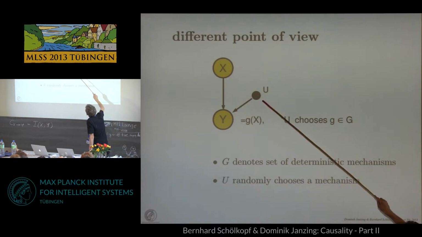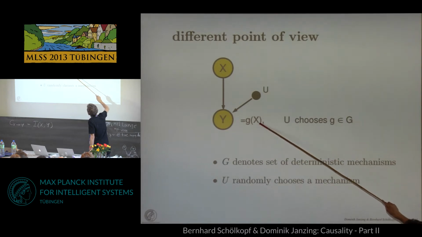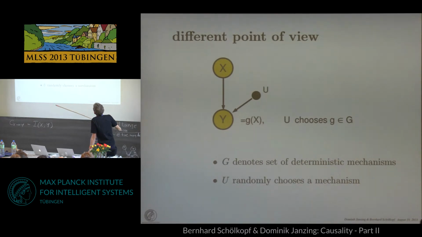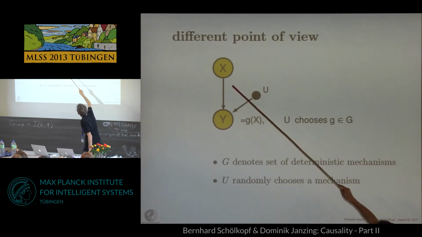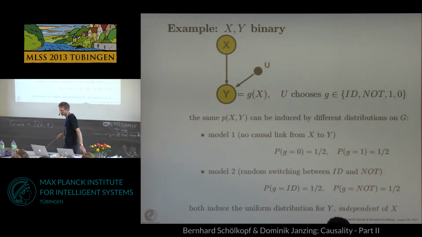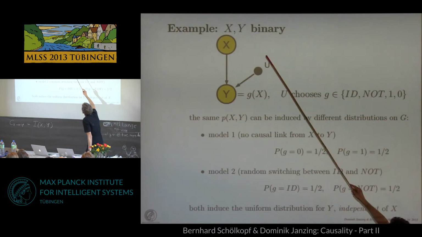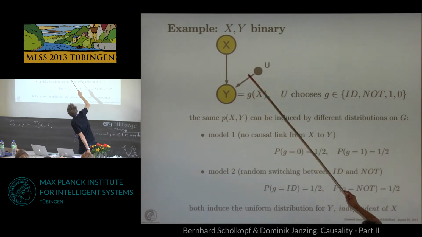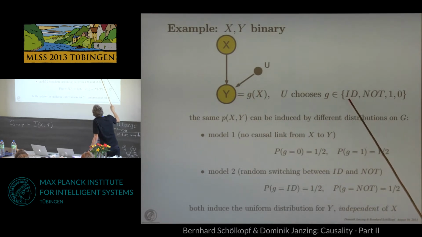So this noise just chooses a possible function. And so this u, so to speak, chooses a mechanism that connects x and y. To give you a simple example, if x and y are binary, then the set of possible functions are the identity, not, the always one function or always zero.